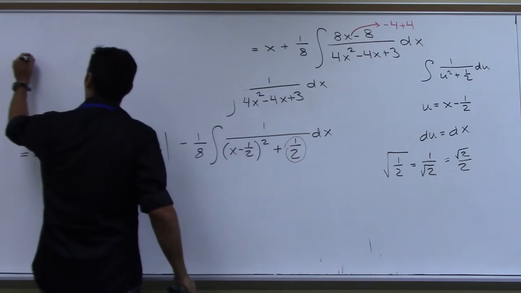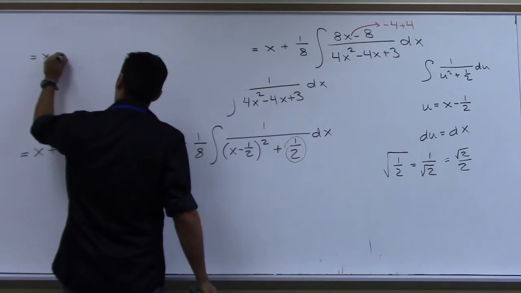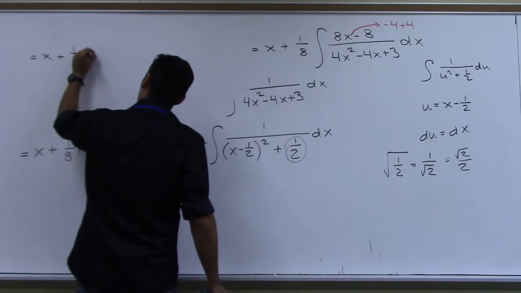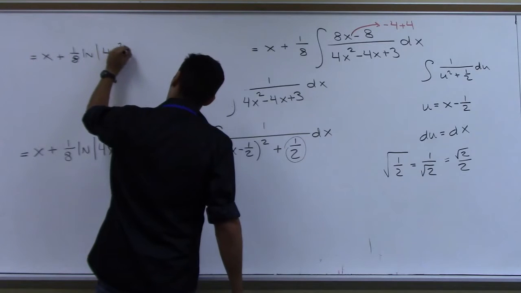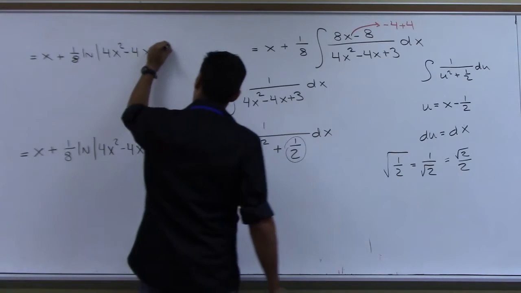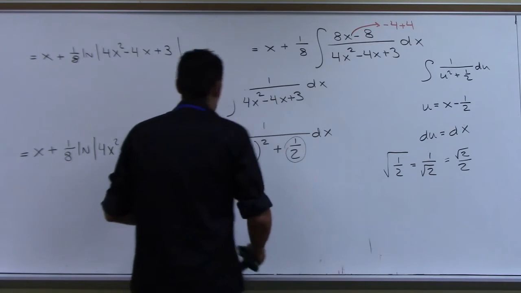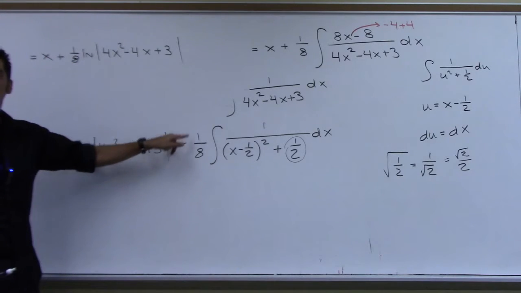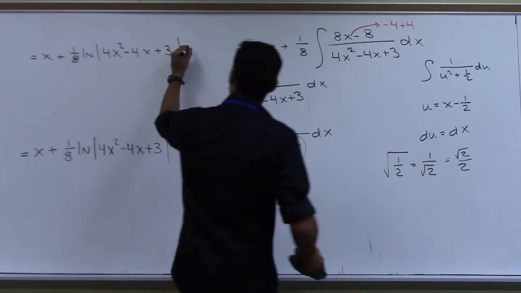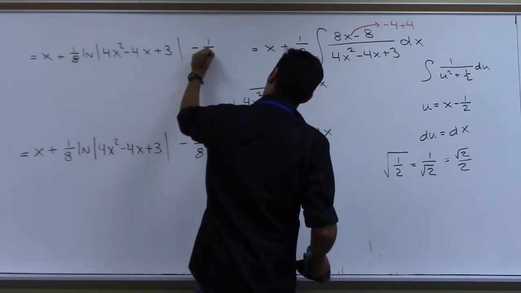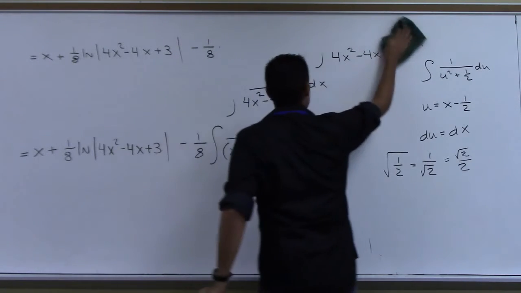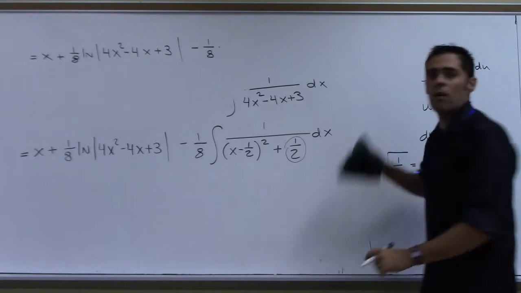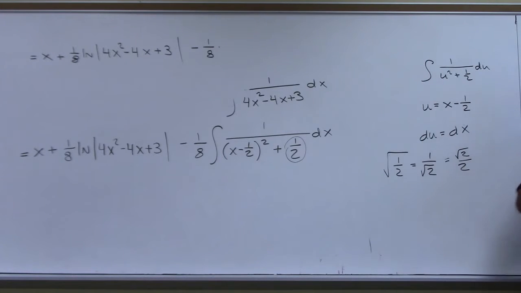I think I'm ready for the final answer, aren't you? All right, so we've got x plus 1/8 natural log 4x squared minus 4x plus 3. Minus 1/8 times, now formula 17 is 1 over a arctangent u over a. What's 1 over a for us here in this problem?